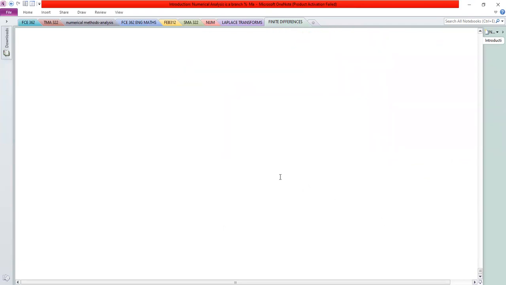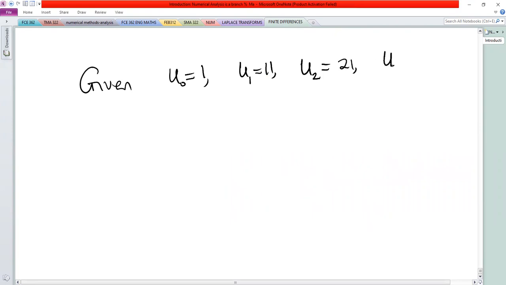And also may be given another question, given that U0 is 1, U1 is 11, U2 is 21, U3 is 28, and U4 is 29.